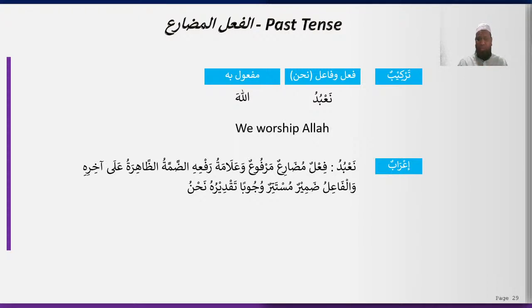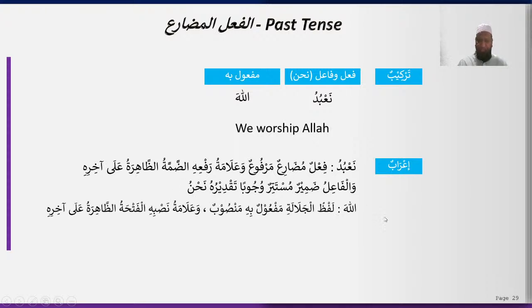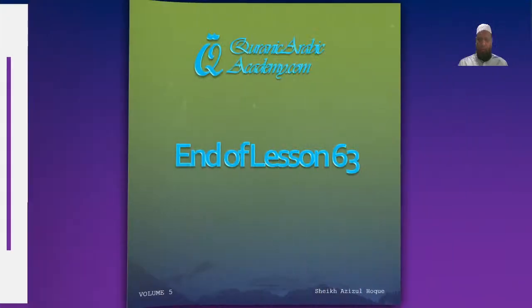We can change this to mufrad mutakallim أعبد. So أعبد will be exactly the same, only change والفاعل ضمير مستتر وجوبا تقديره أنا. الله لفظ الجلالة مفعول به منصوب وعلامة نصب الفتحة الظاهرة على آخره.